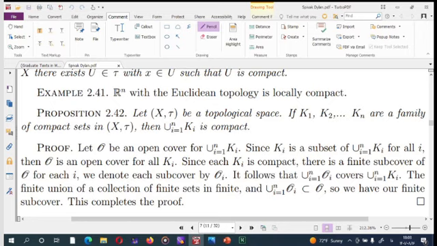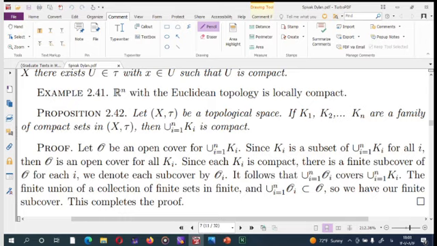And this proof is easy. Let O be an open cover for this set. Since Ki is a subset of this, we have this open cover is an open cover for Ki.